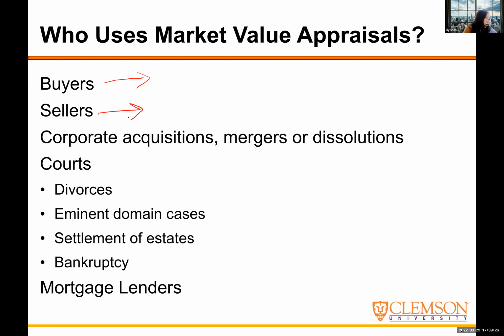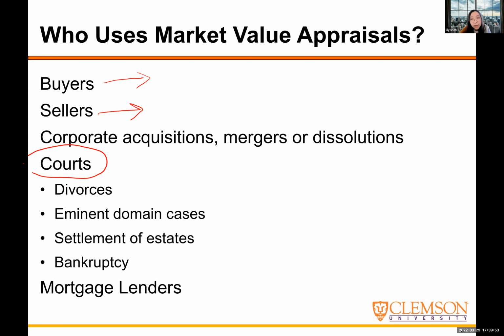Courts, for example, divorce courts or bankruptcy courts. Typically the assets of the person in court need to be divided among different parties, but the person cannot sell the property immediately.